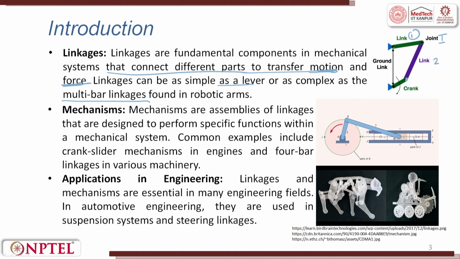So, a crank is attached to a link, then link 1 and link 2 are joined together at joint 1. So, now when the crank moves like this, you will see there will be a motion which goes up and down.